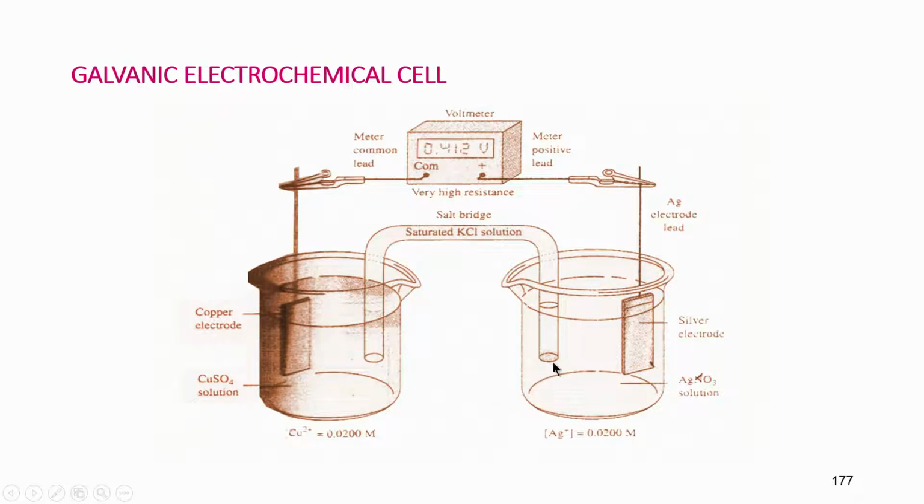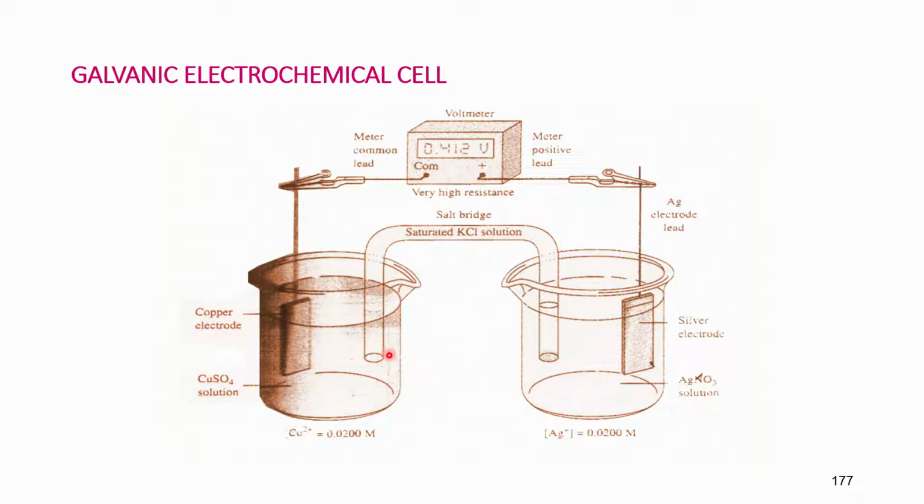Here I am showing you a galvanic electrochemical cell. Here I have an electrode dipped in a beaker containing a solution. One electrode is here, another electrode is here. Both the cathode and anode are separated from each other, in different beakers, and this solution is not mixing with this solution.